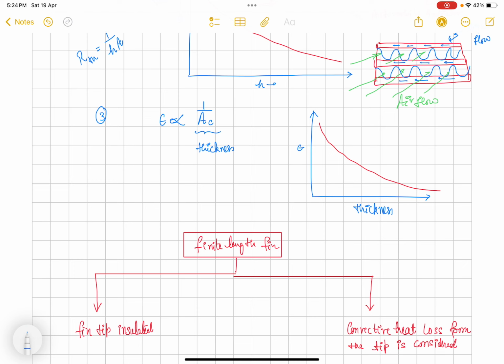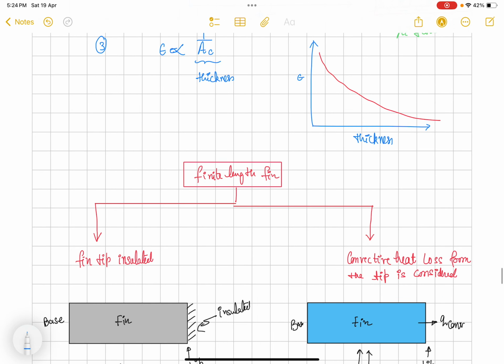Because if the flow is impeded by the spacing, then convection resistance will increase, and the sole objective of using fins will be defeated. So we should use thin, closely spaced fins in practice. Okay, they are actually preferred.